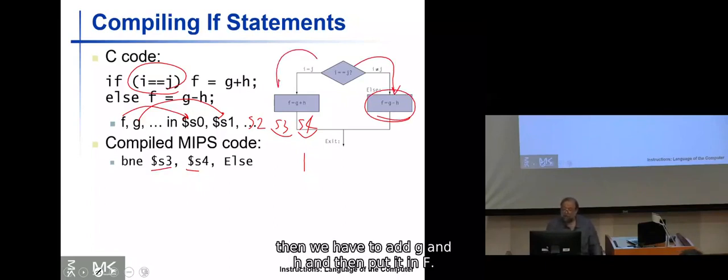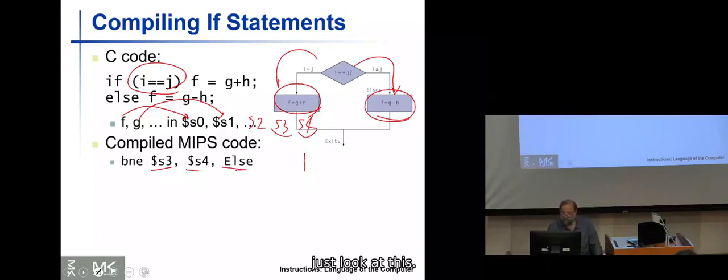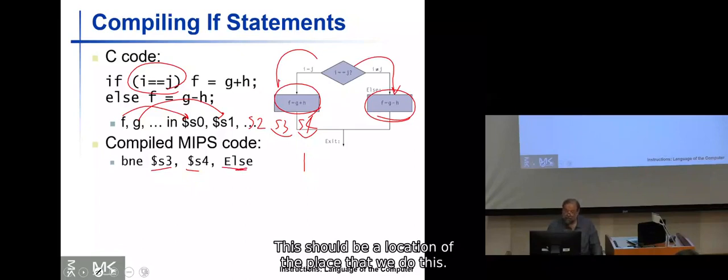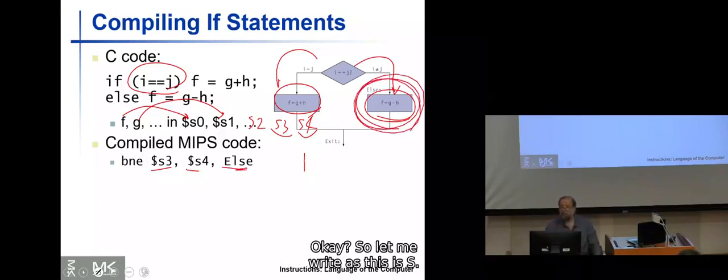If it is equal, then we have to add g and h and then put it in f, okay? So for the time being, just look at this. This should be the location of the place where we do this. Okay, so let me write else.